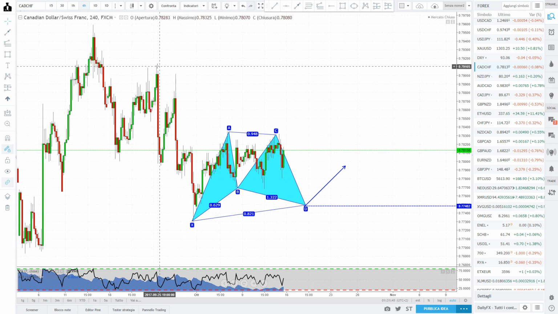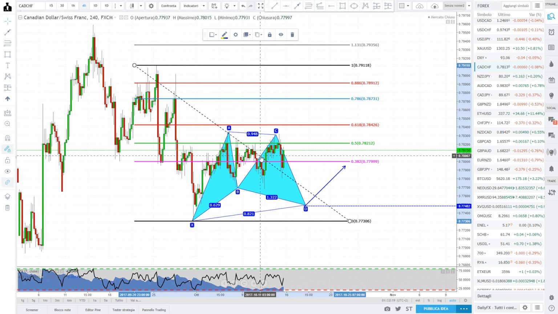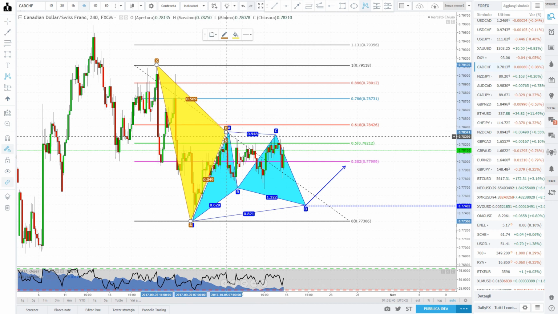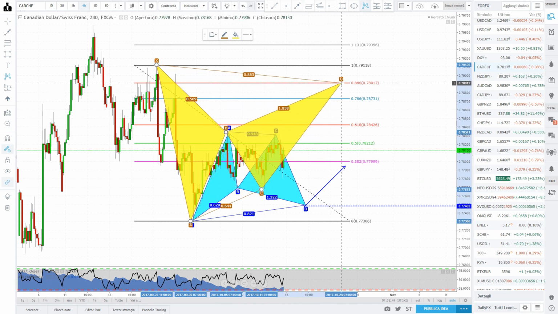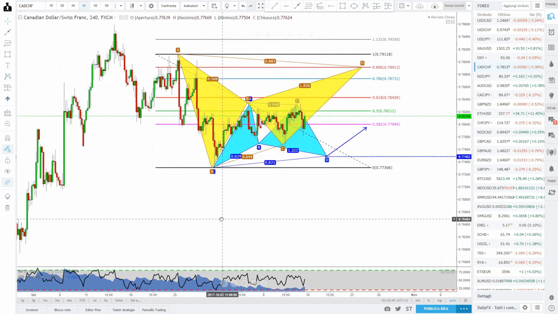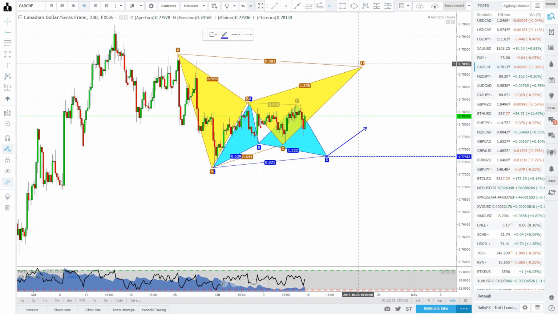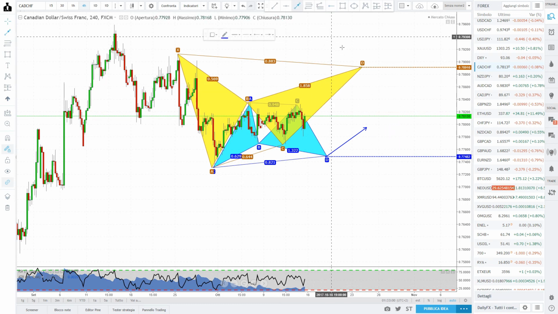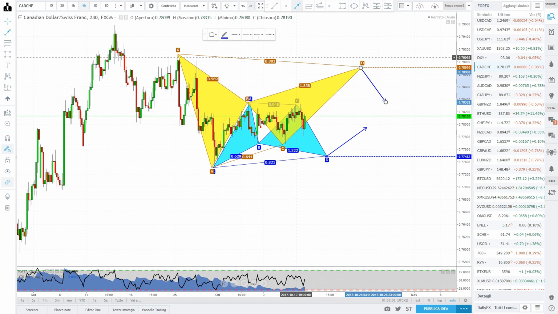And also if we use this high right here, we can use this because it is actually very close to this one. This time we see a bat pattern because we reach just the 50% retracement, and this tells us that the pattern is going to complete, let's color it yellow, at the 88.6 retracement of the whole leg, and this gives another way to trade this market by going short, hoping for a reversal at this level.